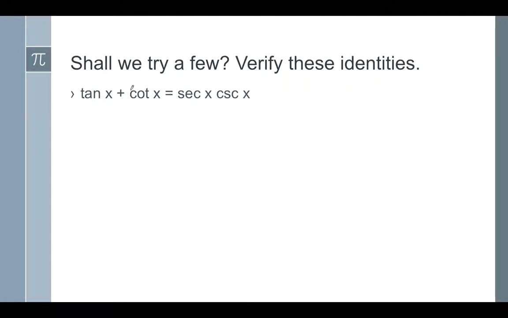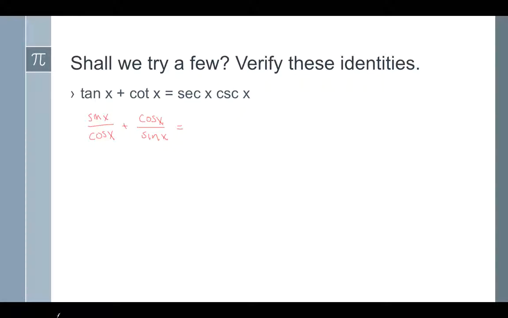Even though these don't look like fractions yet, tangent is actually sine x over cosine x, and cotangent is cosine x over sine x. So notice I'm taking the left side because it's a sum, which makes it a little bit more complicated than just a product.